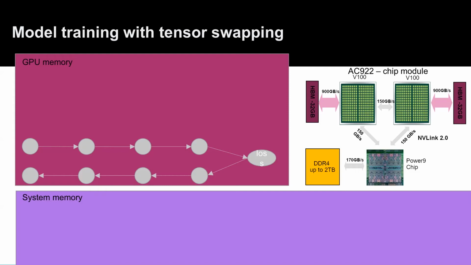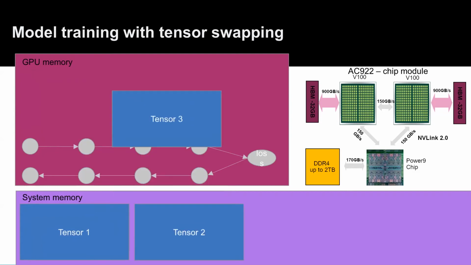But let's move on to how it works. Now you can train the first layer. For the first layer we produce one tensor. We will swap it into the system memory, and so on and so on.